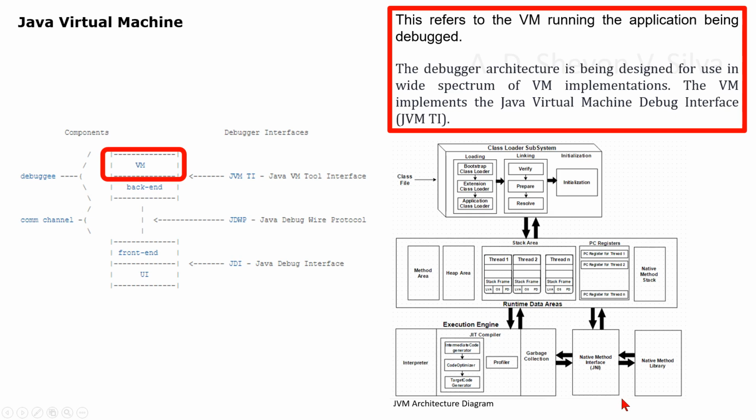Java Native Interface, JNI, will be interacting with the native method libraries and provides the native libraries required for the execution engine. Native method libraries is a collection of the native libraries which are required for the execution engine.